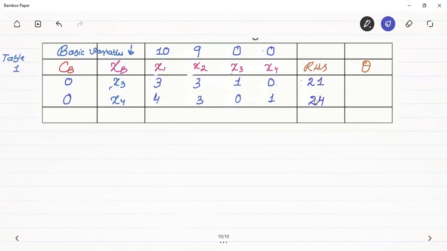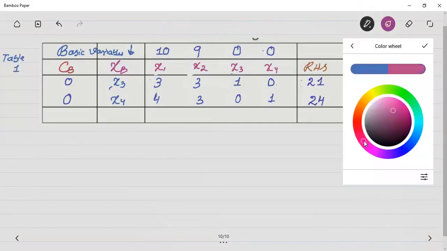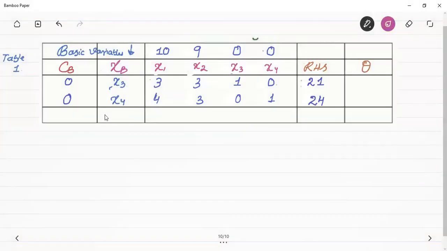Now what we have to do here is define another row, and this row will be Cj minus Zj. What does it represent? I will also tell you how to find this Cj minus Zj.